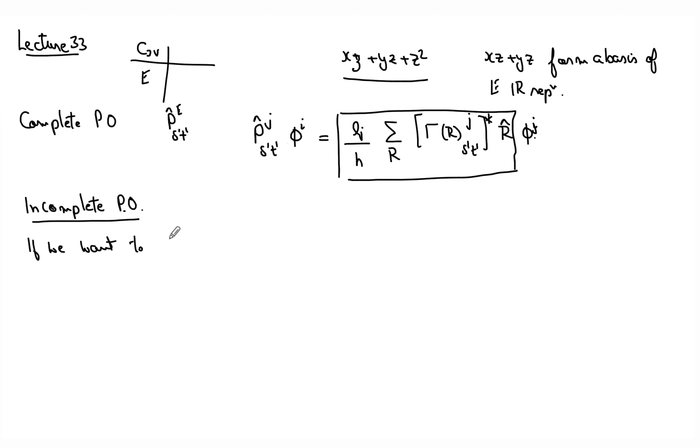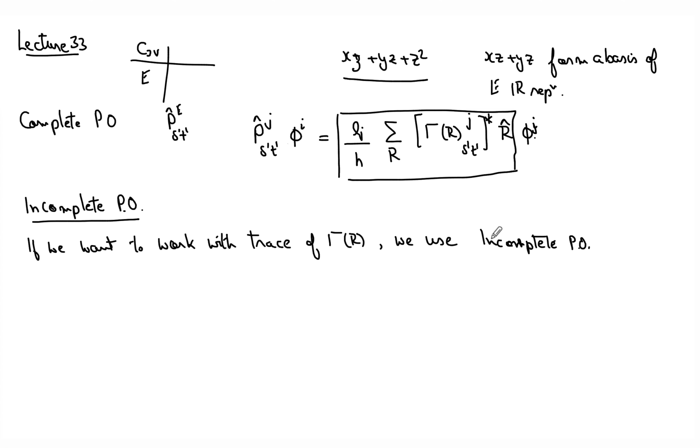if we want to work with the trace of this matrix, we use the incomplete projection operator. Now let's see how we get from the complete projection operator to the incomplete one.